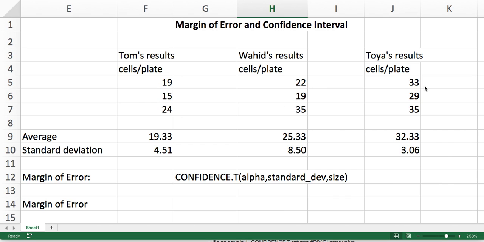But what is really the true average? Well, what we would need to do is we would need to do this experiment several times.